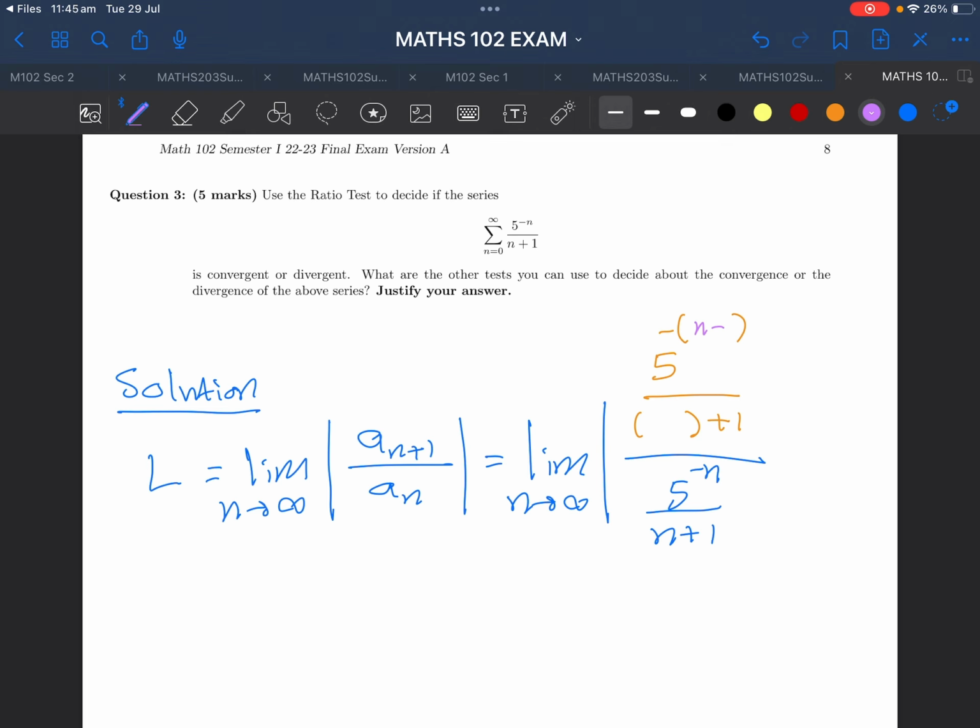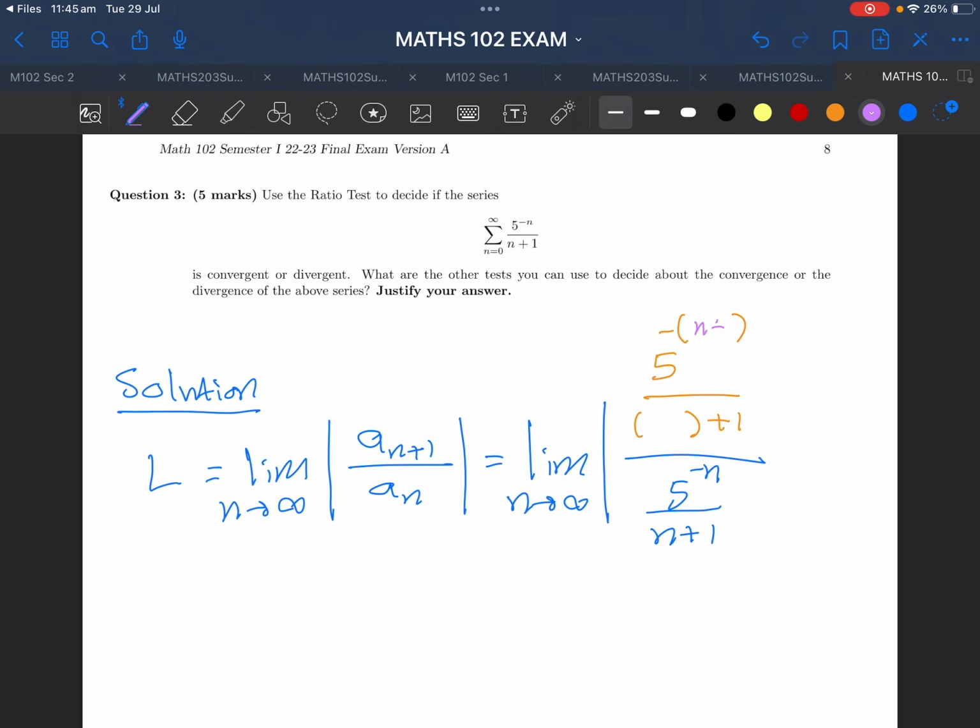Now, if you put n plus 1 for both, you get n plus 1 in the top and n plus 1 in the bottom. Now, if we do that, we will get n plus 2, and in the power of the 5 in the top, it will be negative n plus 1. If you distribute the minus, you will get negative n, negative 1. So just let me finish that.